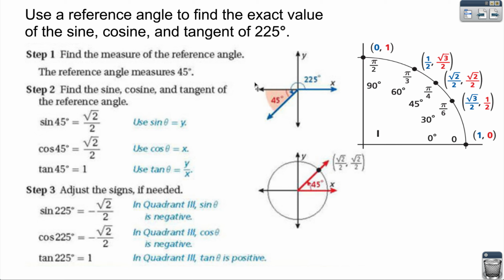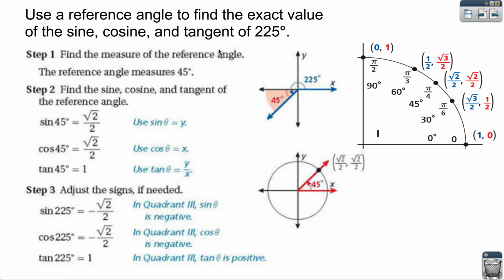In this case, we're referring to the 180-degree measure right here. How far is 225 from 180 degrees? It appears that it's 45 degrees away. All right, so now we know this information. That's the reference angle. Now, how can we incorporate that to identifying sine, cosine, and tangent?